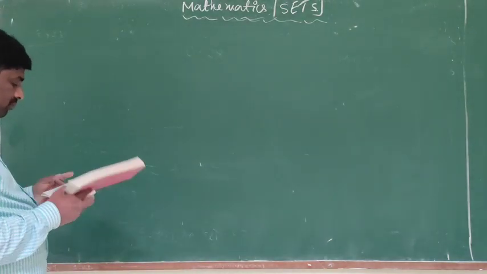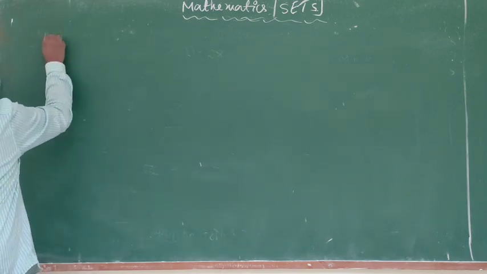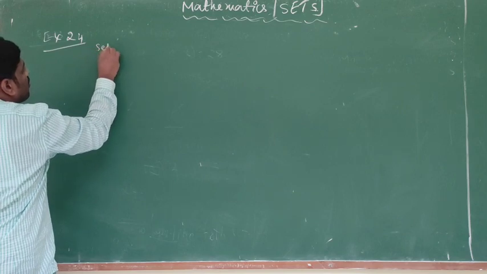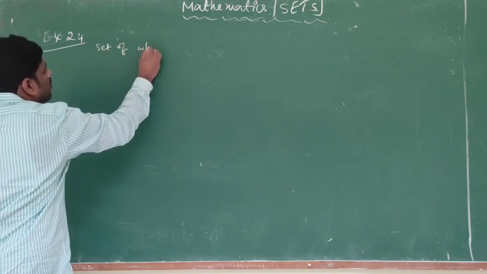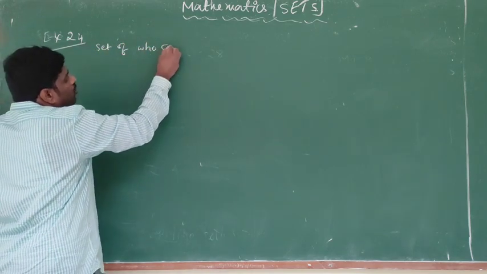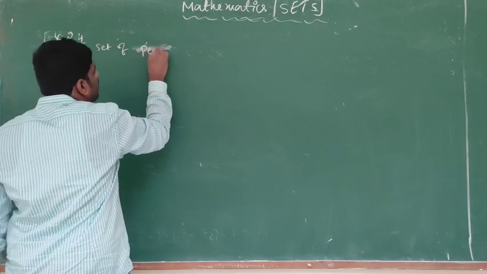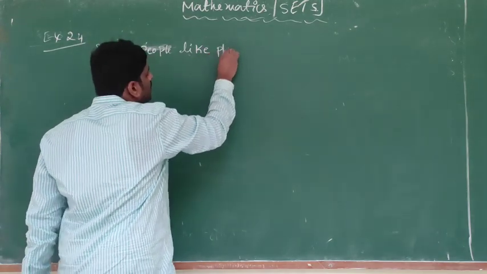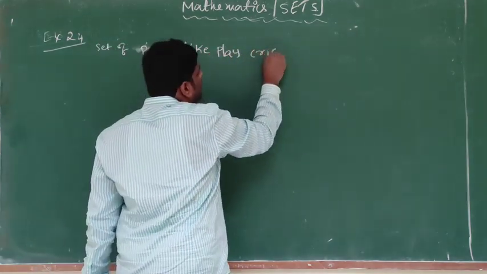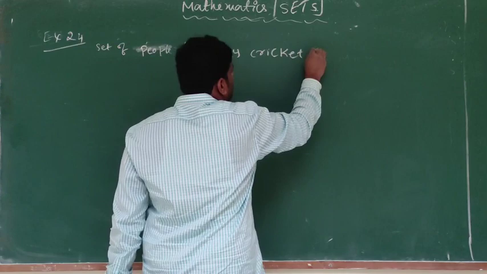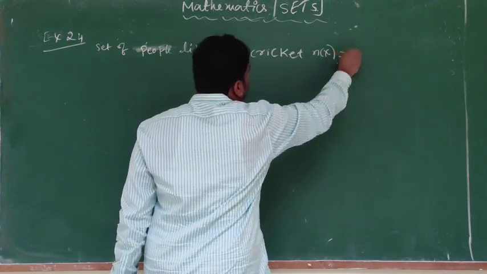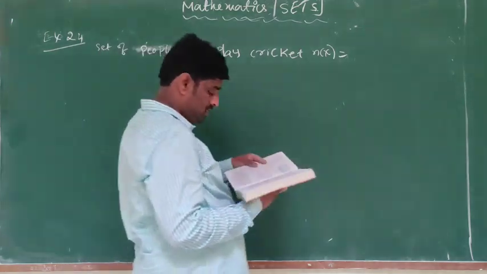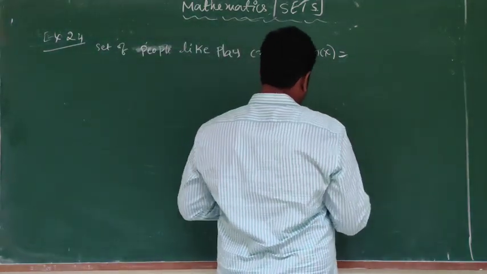Here, example 24. The set of people who like to play cricket, this one I will take as n of X. How many people like to play cricket? That is 24.